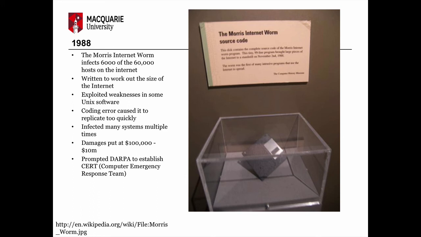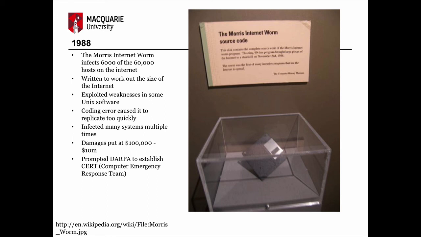1988 saw some changes in the internet and the advent of this thing called the Morris Internet Worm. At that time there were around 60,000 hosts on the internet, 60,000 machines, computers connected to the internet, and this chap Morris created this thing called a worm, which is a self-replicating program. It would run on one of these internet nodes and find places that this thing was connected to.